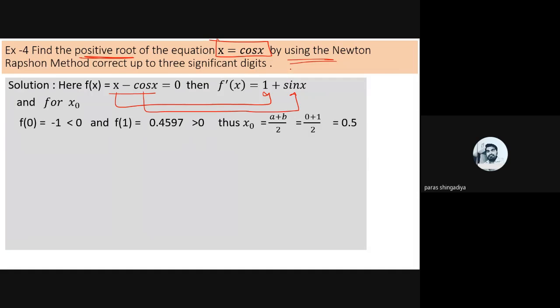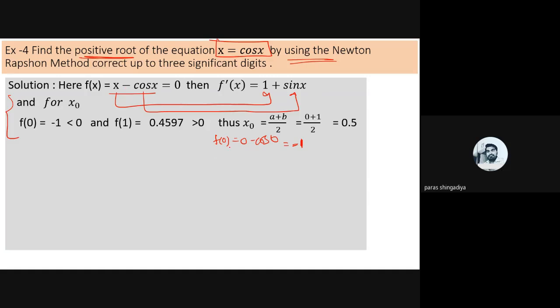Now here x0 is not mentioned, so for x0 we'll consider one interval AB where f of a is negative and f of b is positive. At 0, f of 0 will become 0 minus cos 0, and cos 0 is 1, so the output will be -1, it is negative.